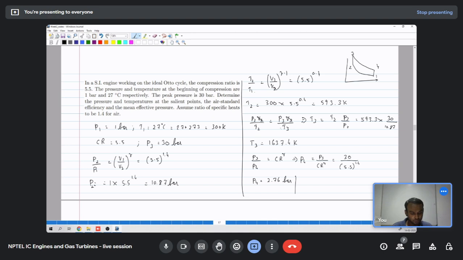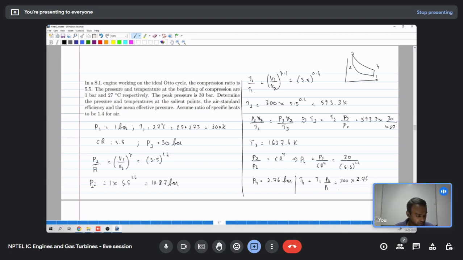Again, using the temperature relation, we can calculate T4. We can use the relation between T4 and T1 because the volumes are same. So we have T4 as T1 into P4 by P1, which is 300 Kelvin into 2.76 bar by 1 bar.